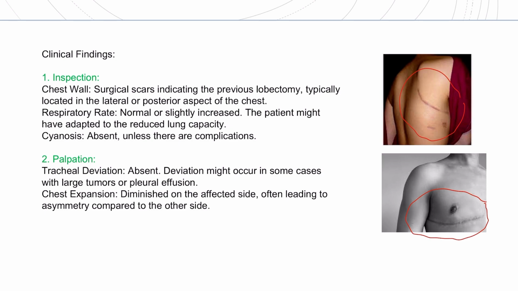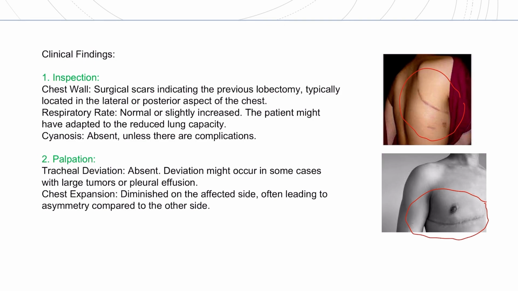Once you have completed your inspection, you will proceed with palpation. Specifically look for the trachea. Tracheal deviation is absent, though deviation might occur in some cases with large tumors or pleural effusion. Remember that if you have a pneumonectomy, then it's possible that the trachea may be deviated.